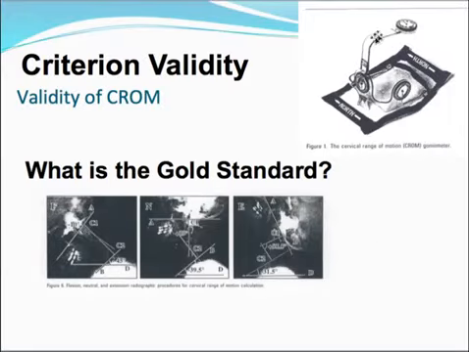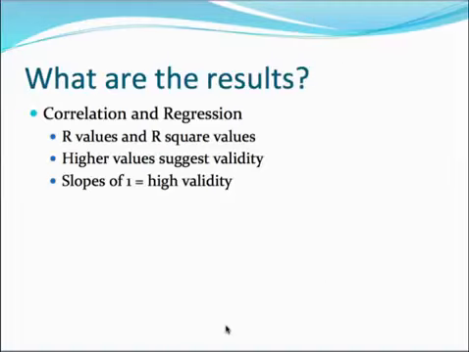Here you have the CROM, a range of motion device you can put around somebody's head, and use these compasses to measure rotation left and right, side bending, and flexion extension. They compared the CROM, the cervical range of motion device, to the gold standard of X-rays to see if they agreed with each other. And in fact, they did.